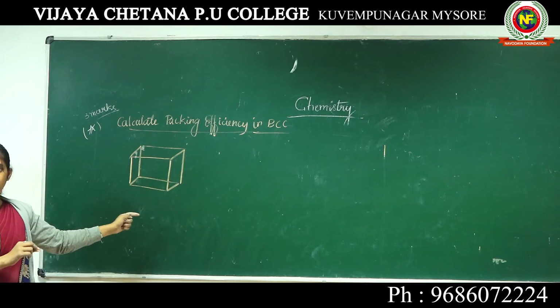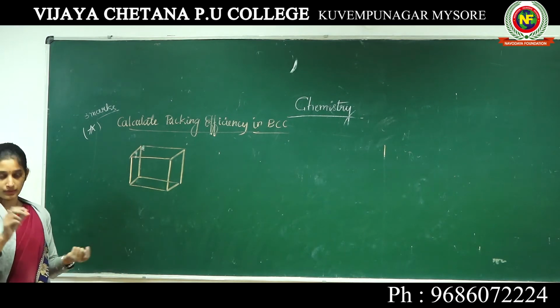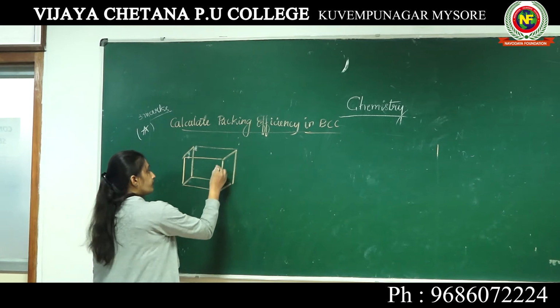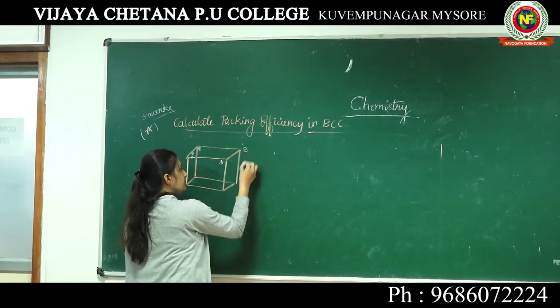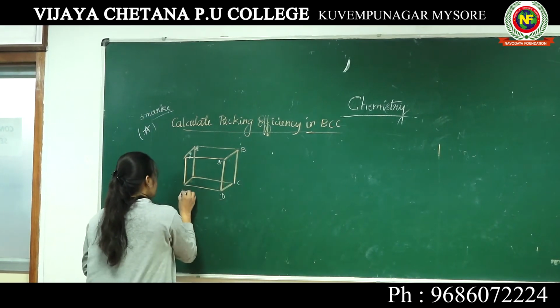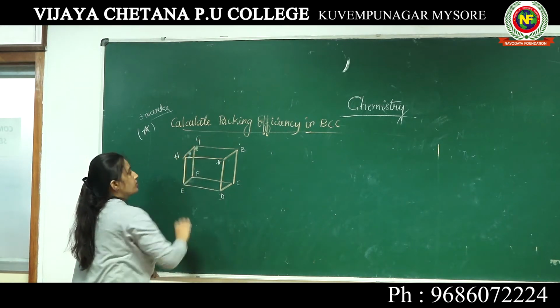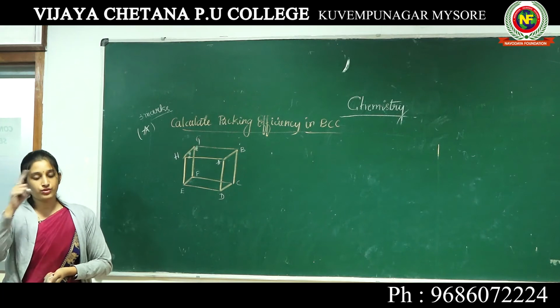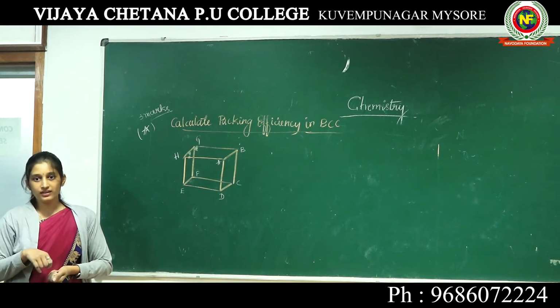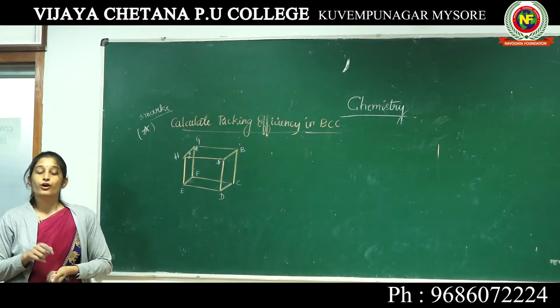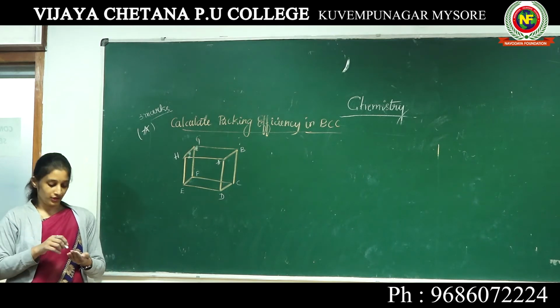Same thing. We are going to draw one cube, with corners A, B, C, D, E, F, G, H. First one cube, 8 corners, because BCC means all the corners also contain atoms along with the center of the body.